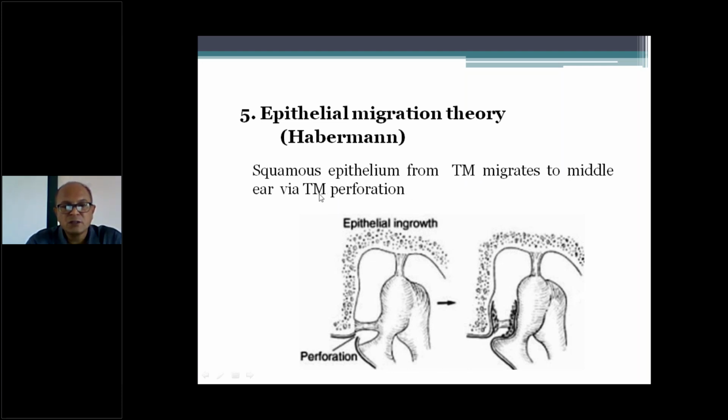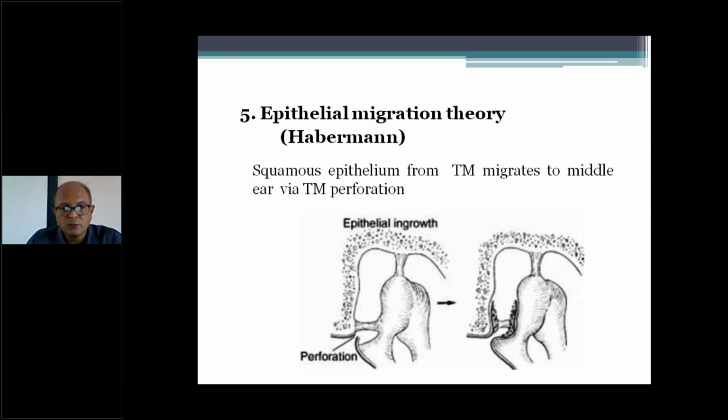This migration theory is very commonly seen in marginal perforation. Now, if you remember, the marginal perforation occurs in the posterior superior quadrant of the pars tensa, and from the marginal perforation there occurs the epithelial migration.